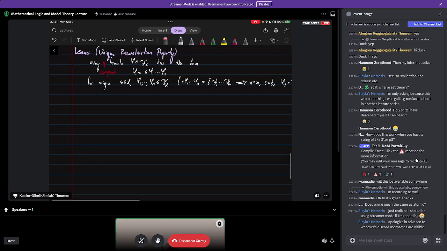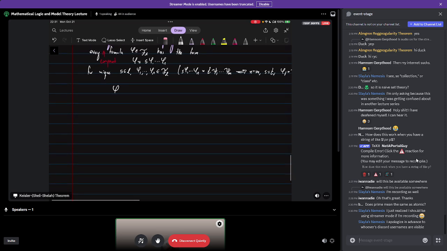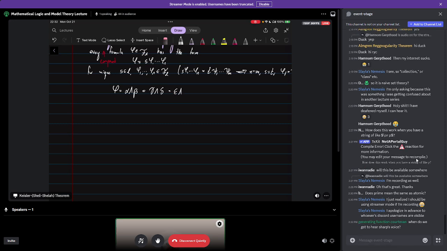Basically, if I have a formula phi which is equal to alpha and beta, it can't all of a sudden be equal to gamma and delta, or gamma or epsilon, and epsilon beta, stuff like that.